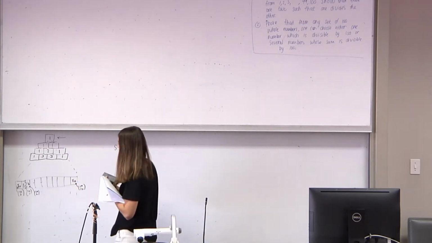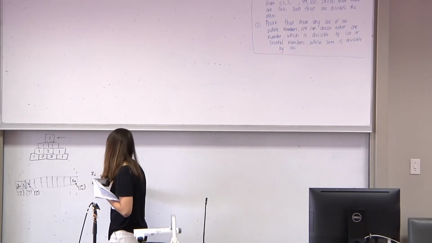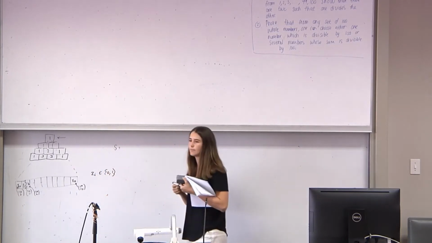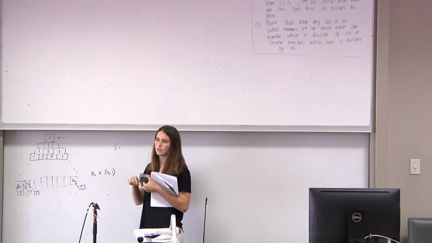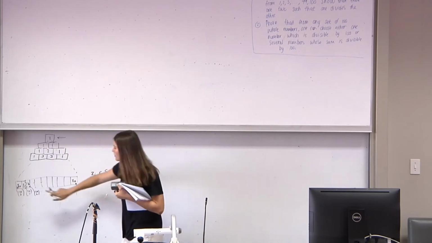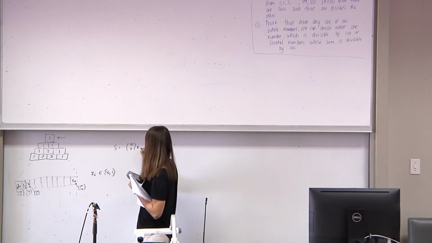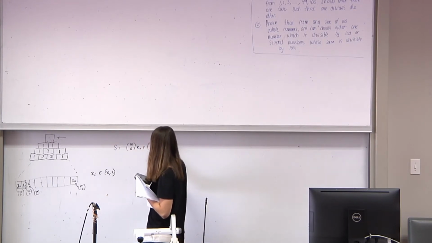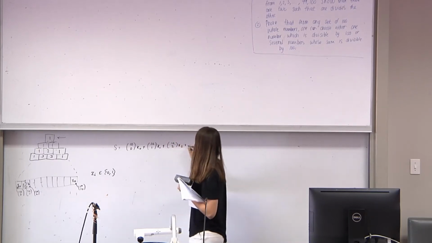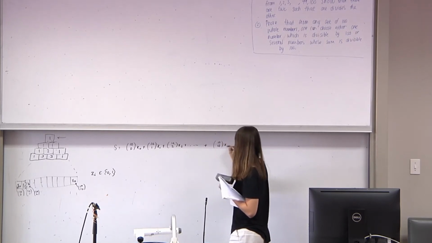Each of these xi values will be either 0 or 1, because that's our problem statement, that we can only put 0s and 1s at the bottom. So our sum at the top will be 10 choose 0 times x0 plus 10 choose 1 x1, 10 choose 2 x2, and so on until we have 10 choose 10 x10.